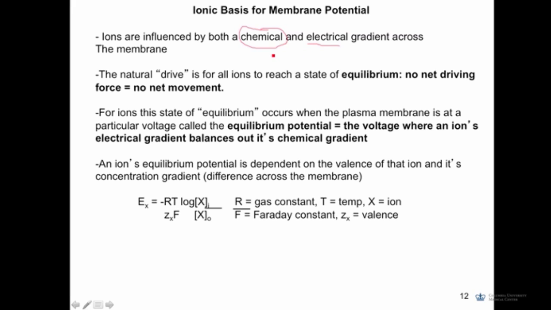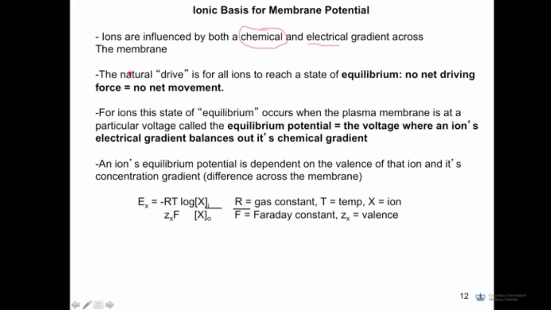Sometimes an ion's chemical or concentration gradient is pointed in the same direction as its electrical gradient. Then there's no issues, right? There's one priority. But sometimes ions' chemical gradient is actually pointed in the opposite direction of their electrical gradient, and that's when things get a little bit more complex.